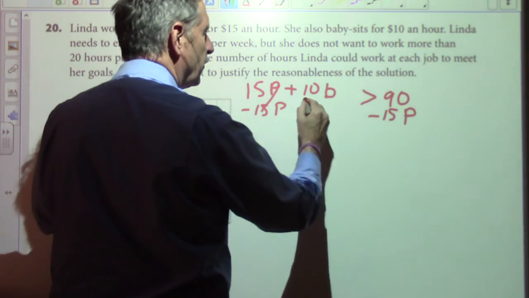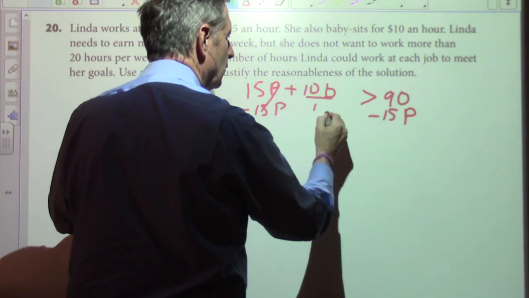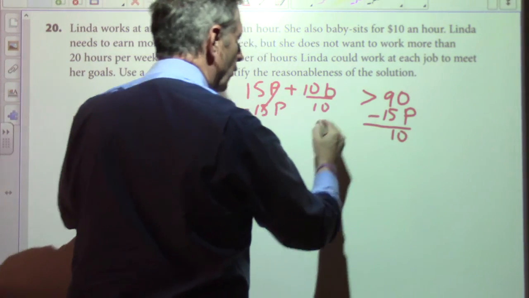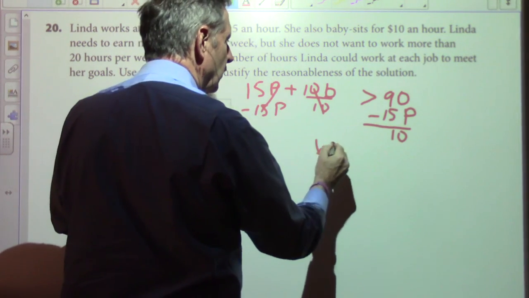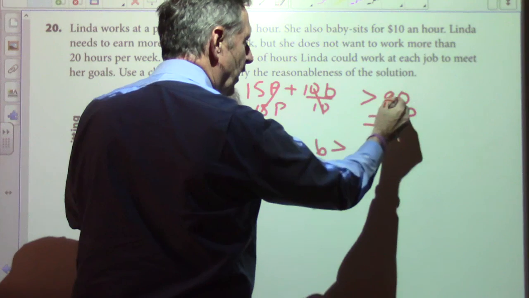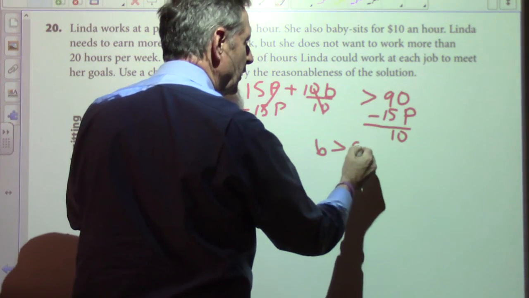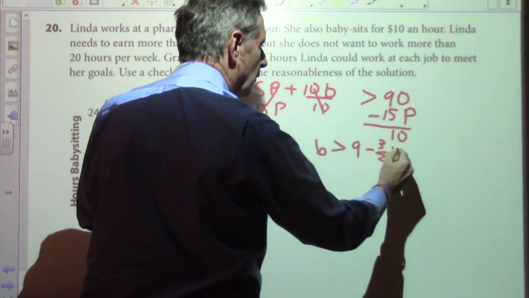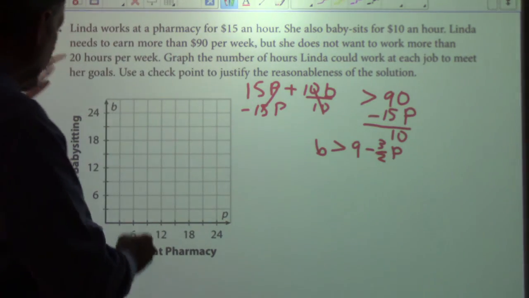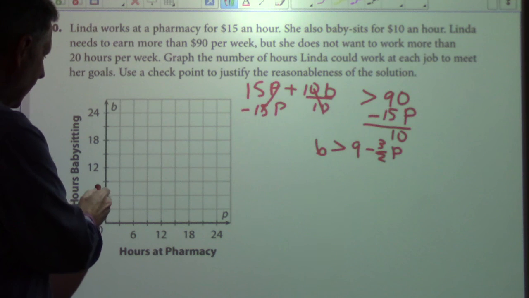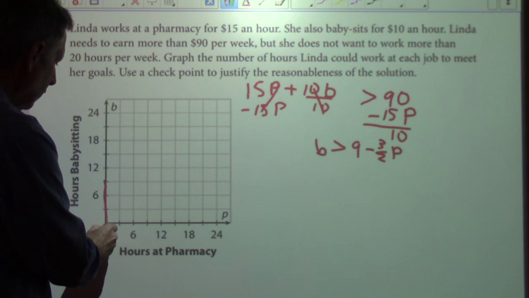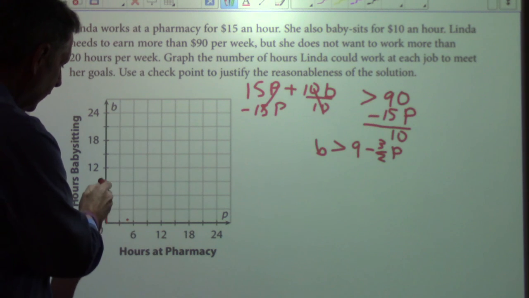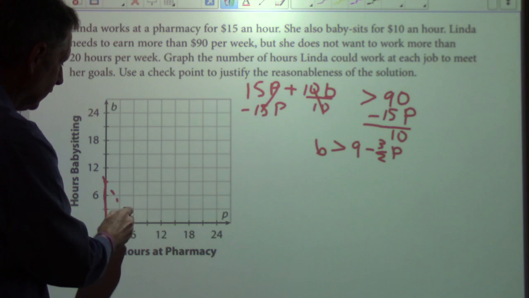So now you're solving for this divided by 10: B is greater than 90 divided by 10, which is 9, minus 3/2P. So you go here to 9 minus 3/2P. It's going to be greater than this, which direction? Like this, right?